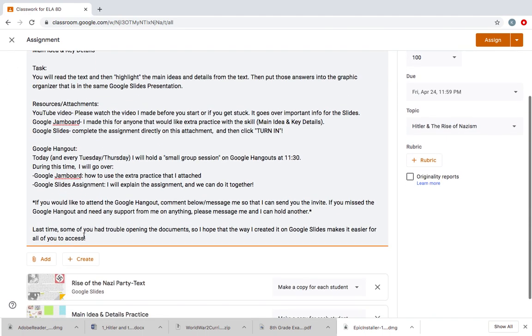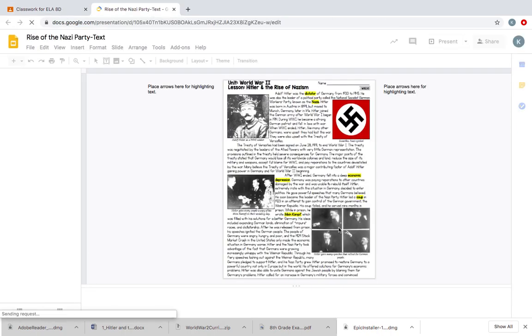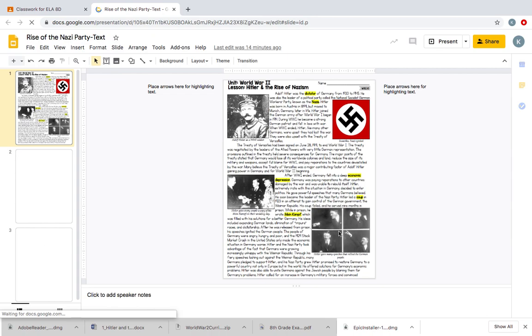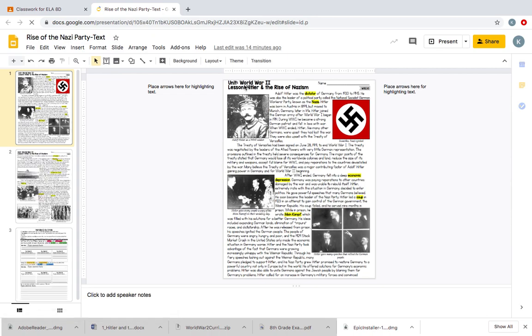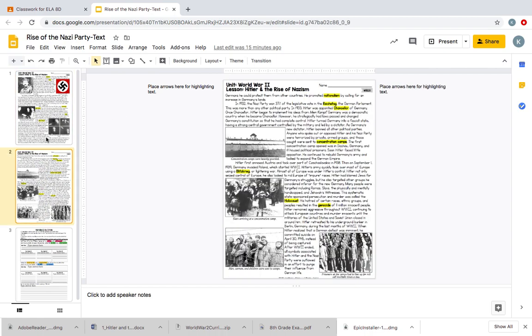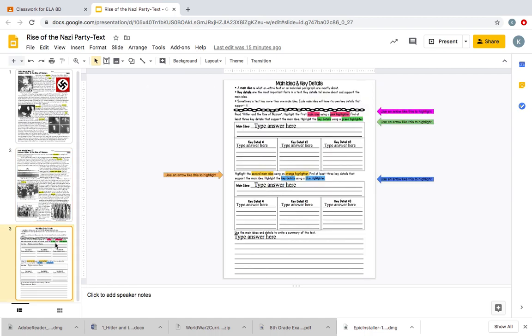Okay, so let's look at the assignment. You're going to click Google Slides, and here we are. We're working on World War II. The lesson is Hitler and the rise of Nazism. You'll see 2 pages of text, and the last page is the graphic organizer, where you will be putting your work for the day.